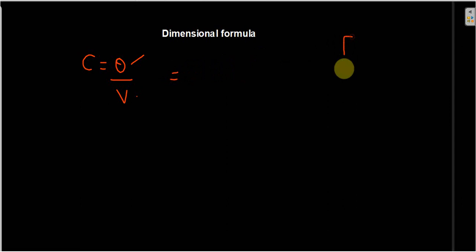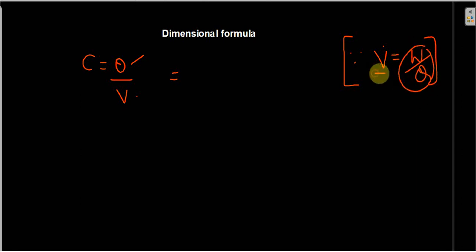And if you remember, we already derived this formula in earlier classes: V is equal to W by Q, where V is the potential, W is the work done and Q is the charge. This formula is from the definition of potential. The amount of work done required to bring a charge from infinity to a particular point is known as potential.